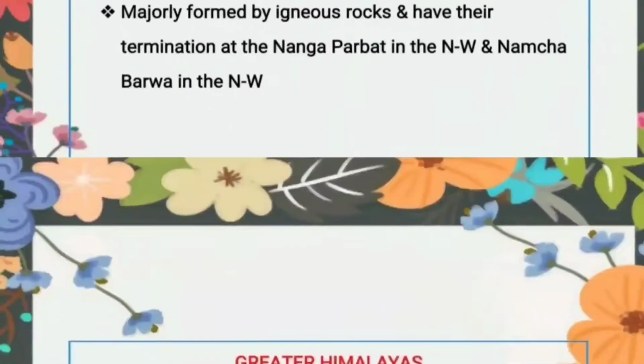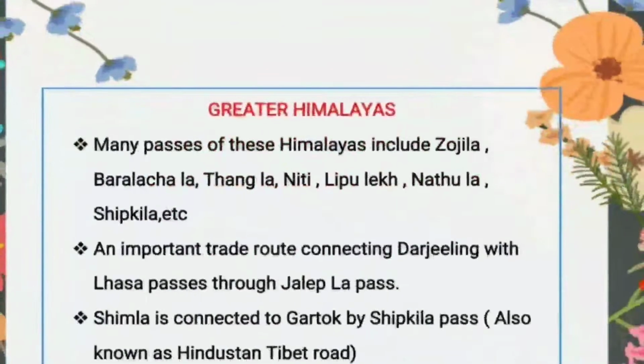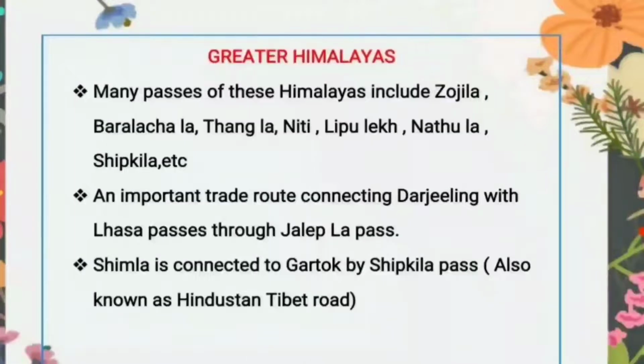This is it. So the range is very formidable, so that it cannot be easily crossed through the passes, because they're generally higher than almost 4000 meters above sea level, and they are snowbound for most of the year, which makes it difficult to pass.